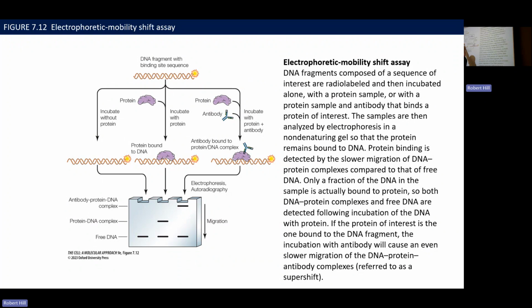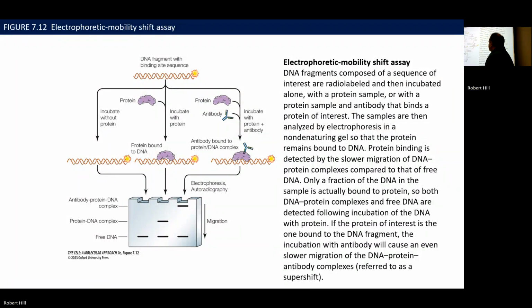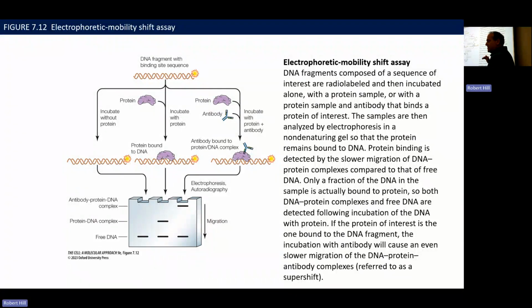All right, another sample that you have is the same radio-labeled DNA, but you add a protein lysate to it. Or you can add recombinant protein, doesn't matter. You can add a single protein or thousands of proteins if you want to find out the protein that is binding to the element. So if a protein or a transcription factor binds to that DNA sequence, it's going to retard the migration, right?